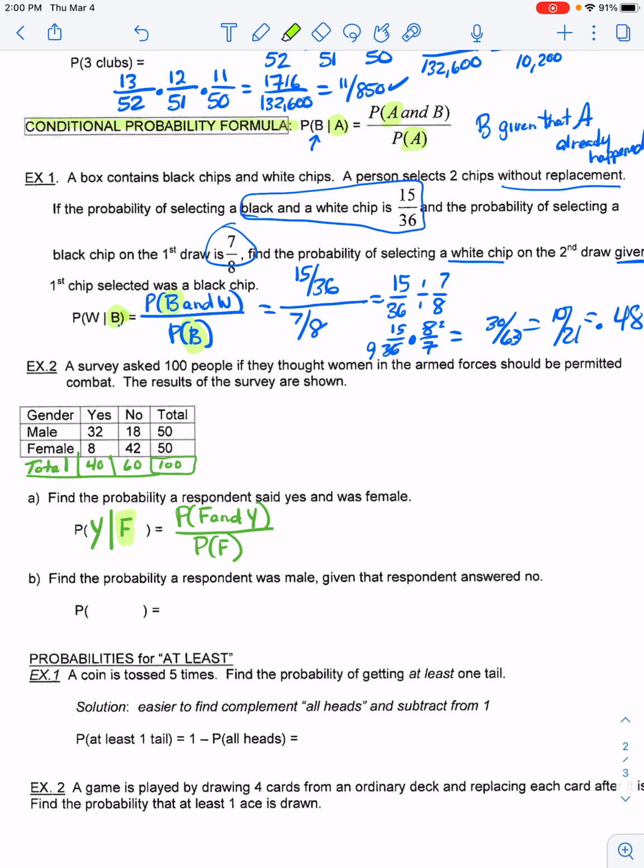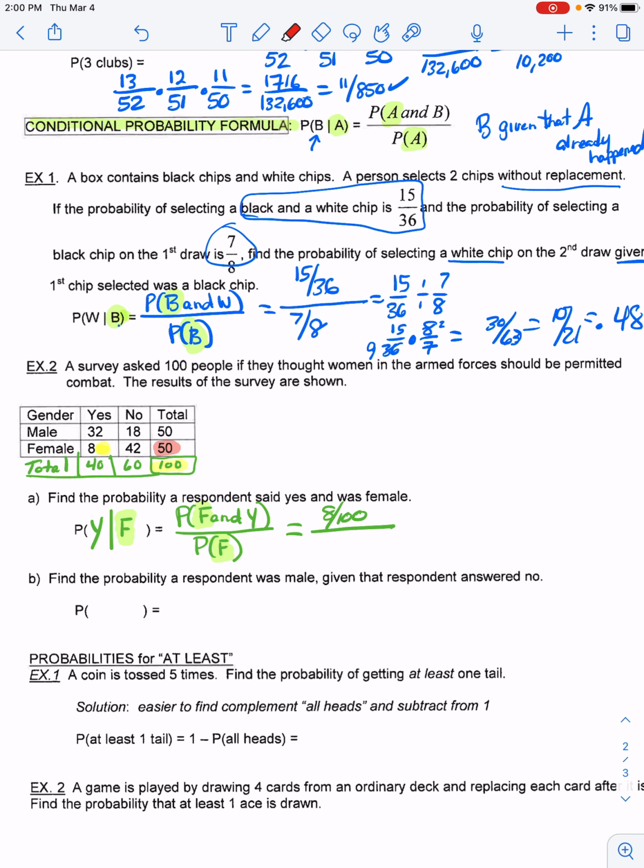What I already know, female, appears here and on the bottom. All right, so let's see what we get here. So female and yes. Female yes is there. The number looks to me to be an 8 out of the grand total of 100. So we're going to do 8 over 100. And then probability of female. So go across here to the total.